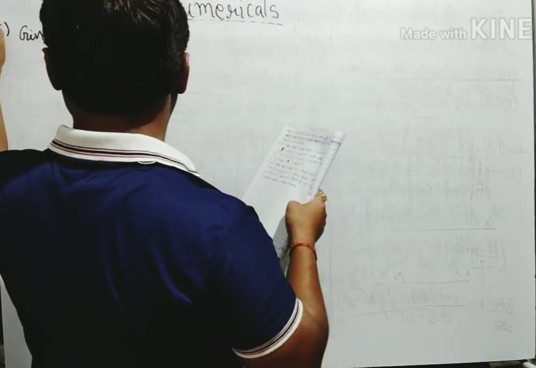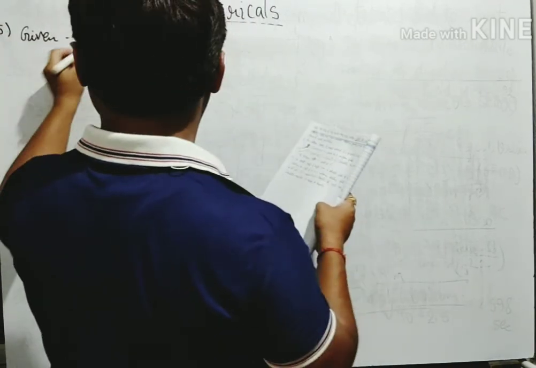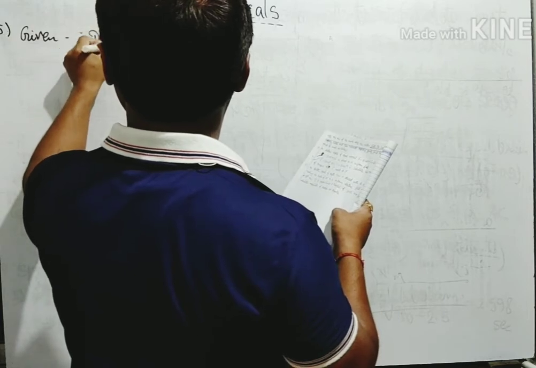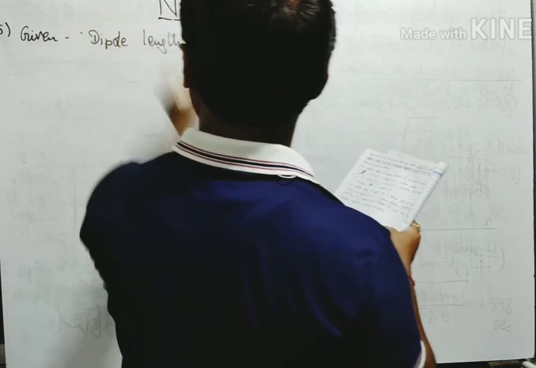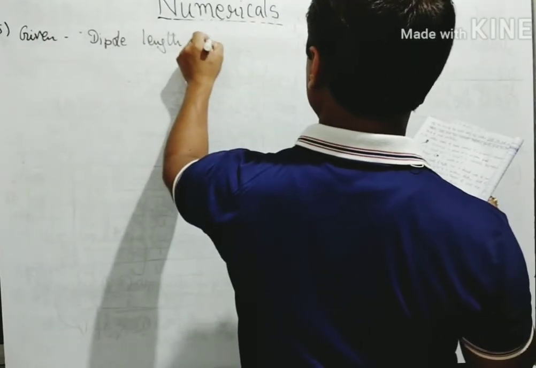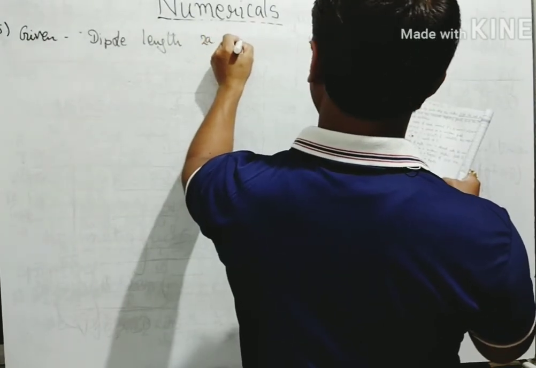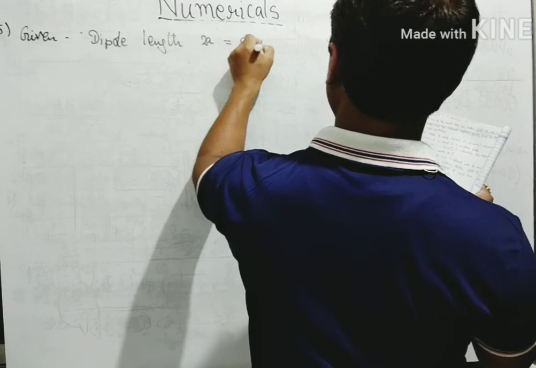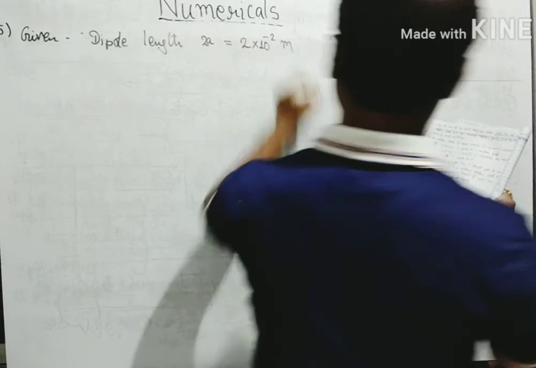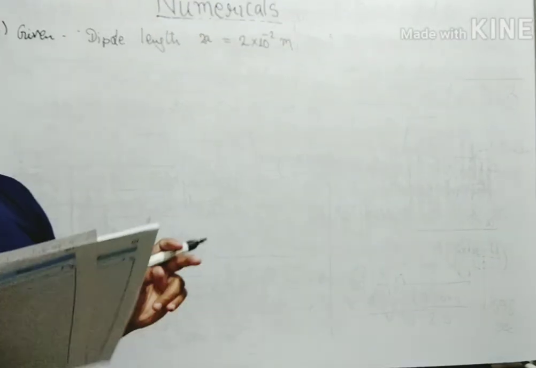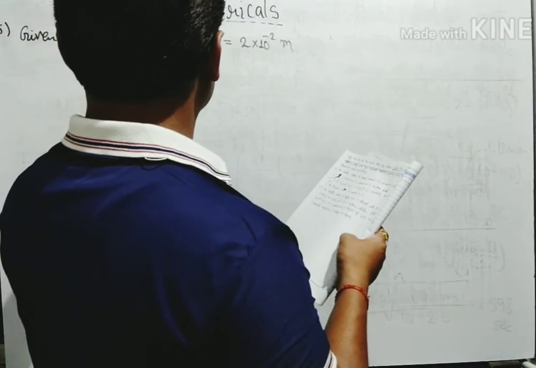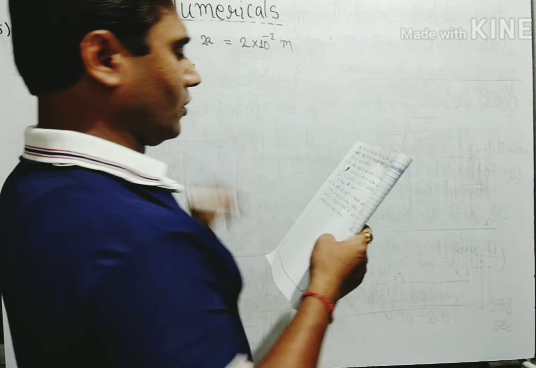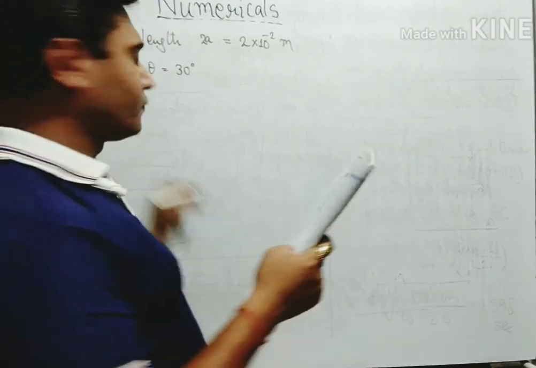Electric dipole length, generally we take it as 2a, which is given to be 2 centimeter, 2 into 10 power minus 2 meter, is placed with its axis making an angle 30 degree, so theta is 30 degree, to a uniform electric field.